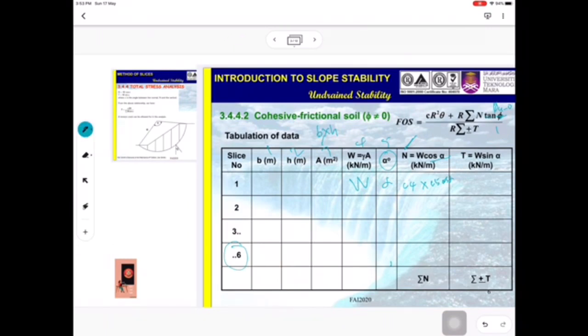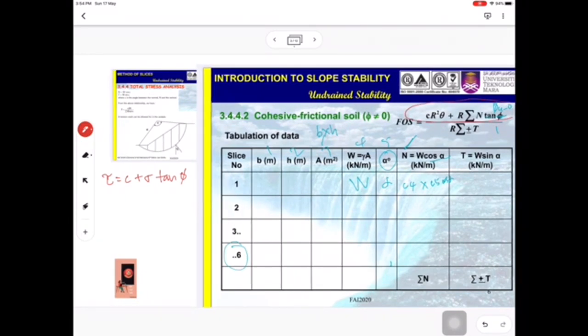You still remember shear strength theory, which I use more clearly. Okay, so shear strength is equal to C plus normal stress tangent phi. So this is actually this one.